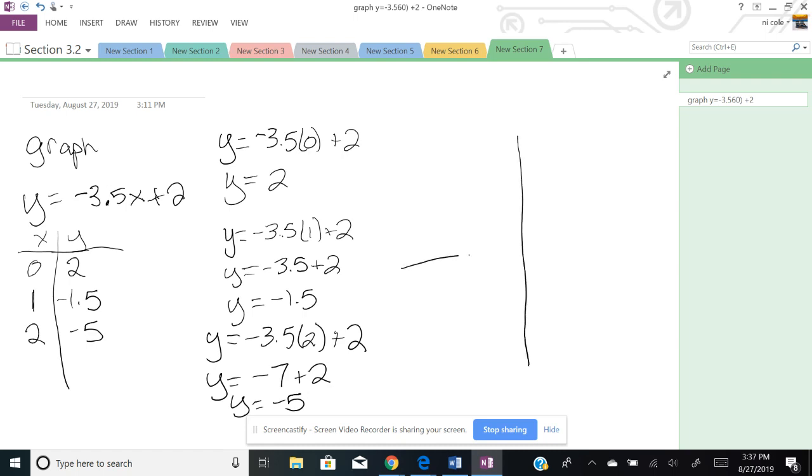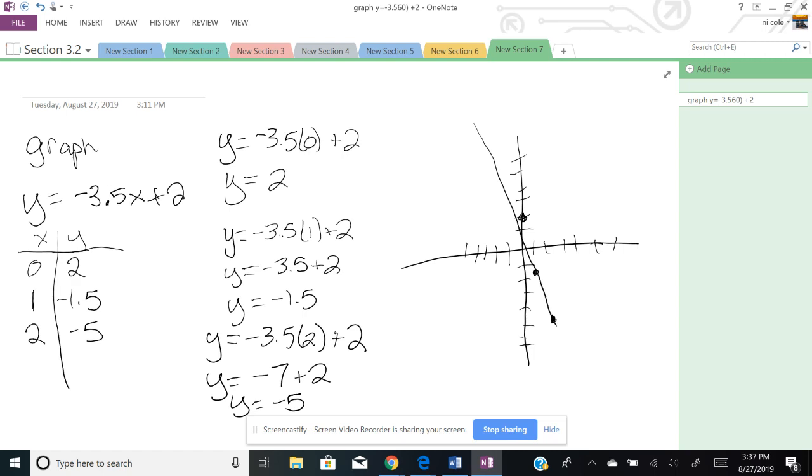So I can come, plot my points. So I get 0, 2, 1, negative 1.5, and 2, negative 5.